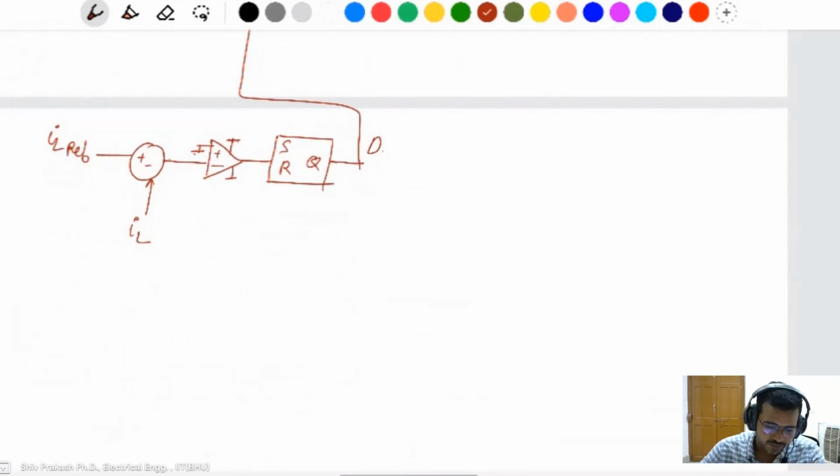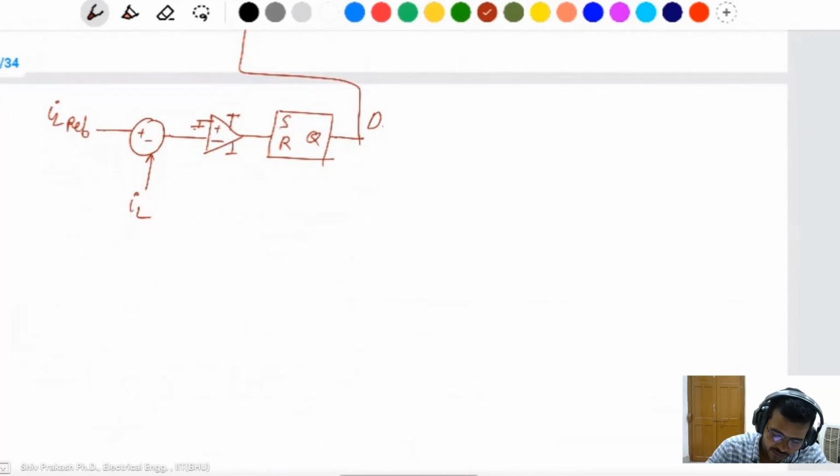S is connected to the clock. I think all of you know about the SR flip flop.